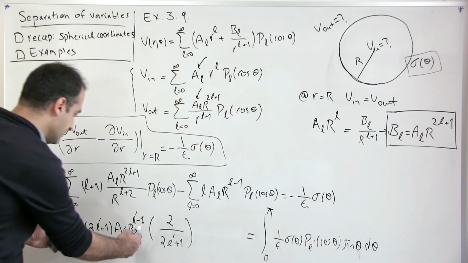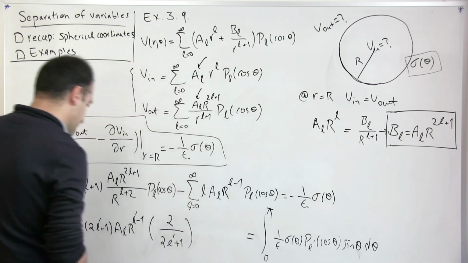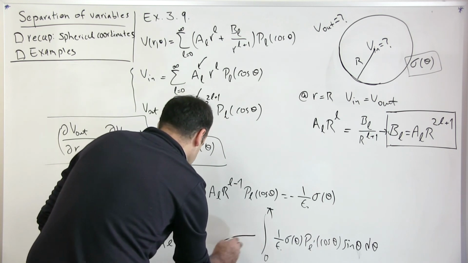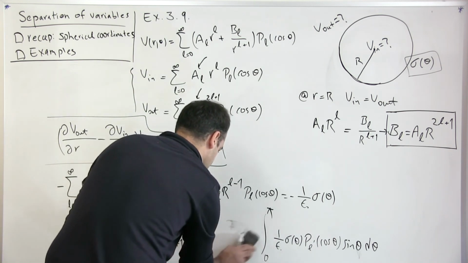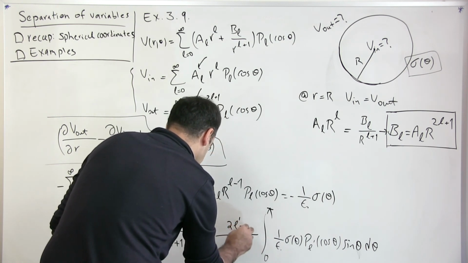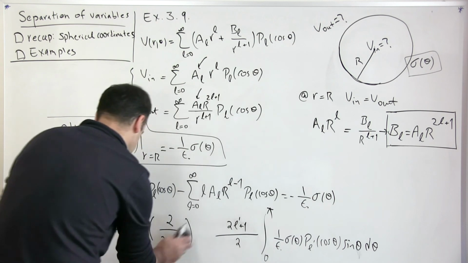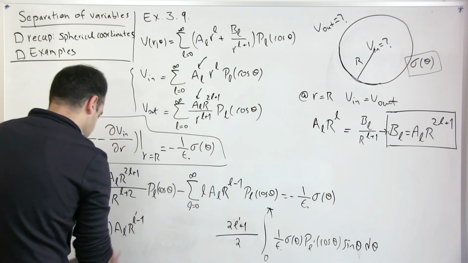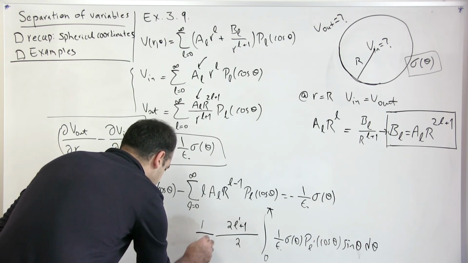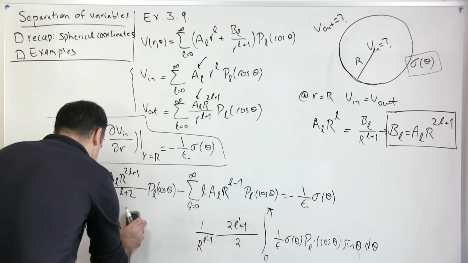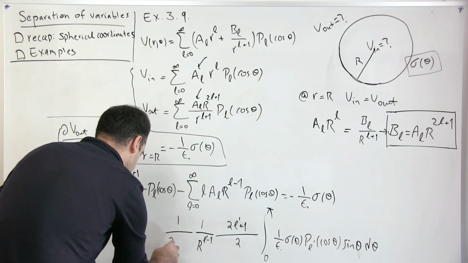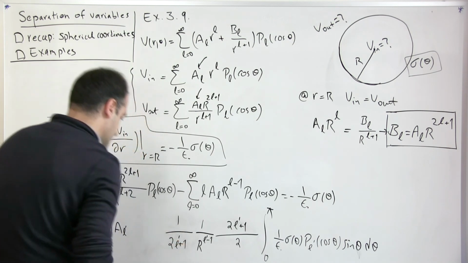Now we can move all the terms to the other side except A_L prime, meaning that for this I can write (2L prime plus 1) over 2. For this one, I get 1 over R to the power of L prime minus 1. And for this one, I get 1 over 2L prime plus 1.